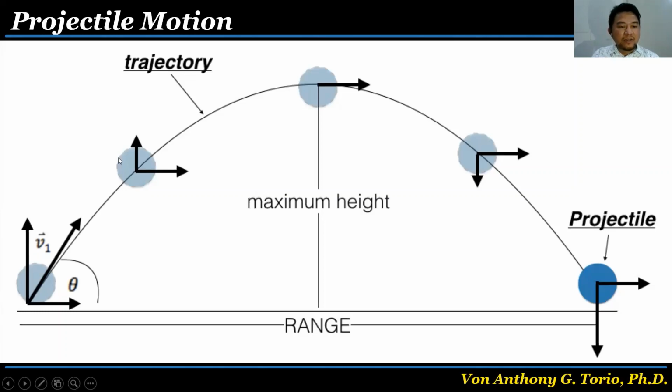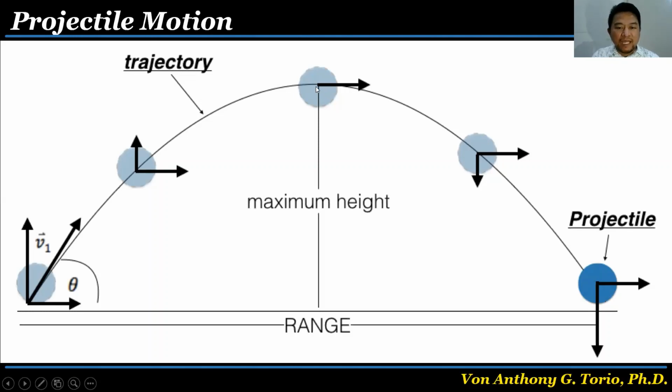These arrows represent the velocity vector. Notice that the vertical component of the velocity of the ball decreases in size until it reaches the maximum height.